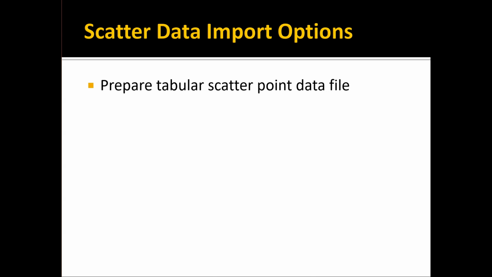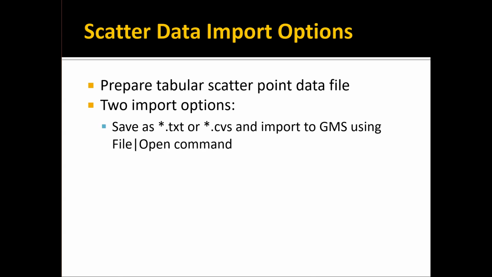And once you've done that, and you can do this in Excel or Google Sheets or just a text file, and then if you prepare them in a text file or a CSV file, you can then import that to GMS using the file open command and just select the file.